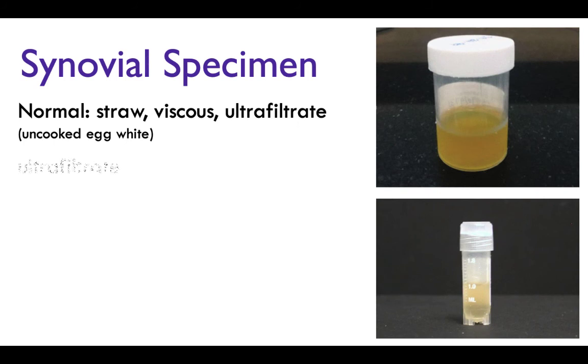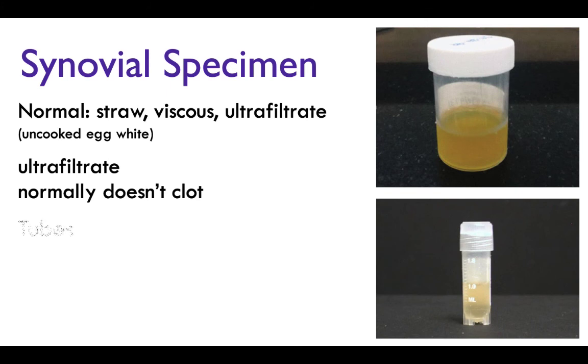It's very viscous, and that's because it does have hyaluronic acid in it. And hyaluronic acid, which we'll talk about in a minute, promotes viscosity in the specimen. As it says up here, it is an ultrafiltrate, so that means that it's basically plasma, but it doesn't have those big things, so big proteins and the big cells normally in normal conditions, and it normally does not clot.